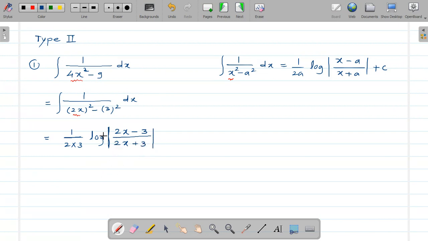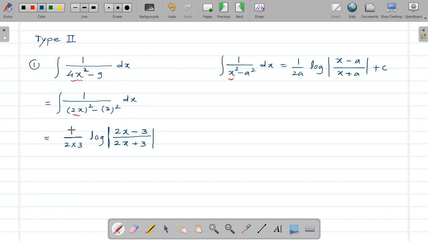Okay, but here in place of x there is a 2x. See, in this result there is x square, but here it is 2x square. Now while integrating, in place of x there is 2x here, so we have to divide by the derivative of 2x.